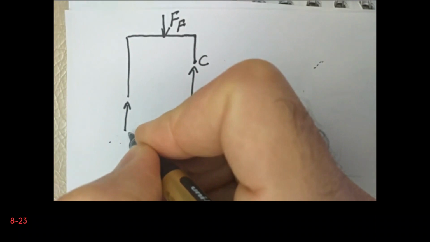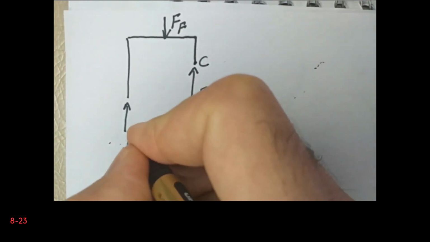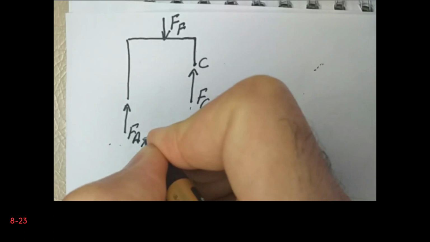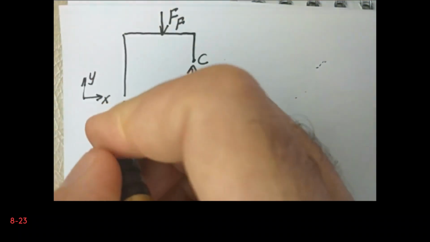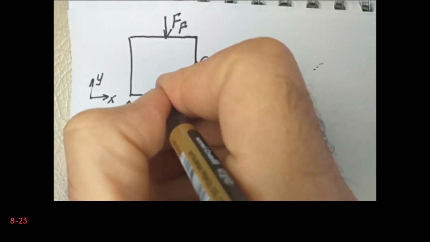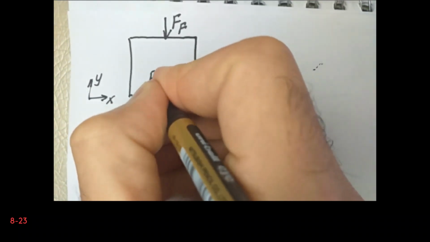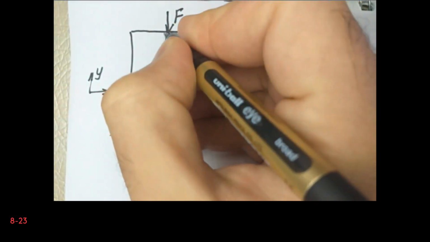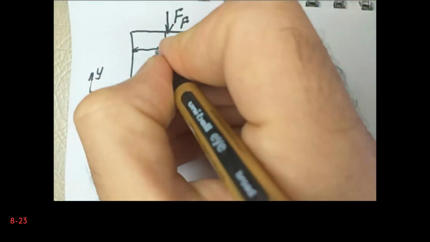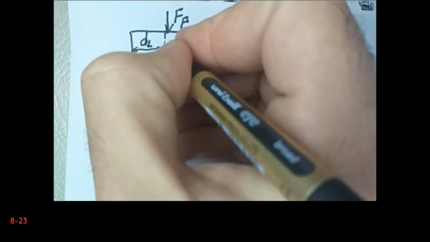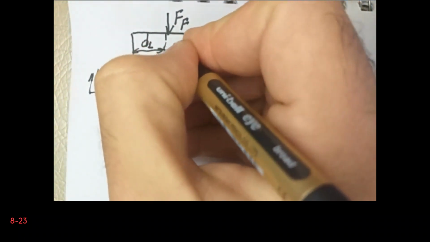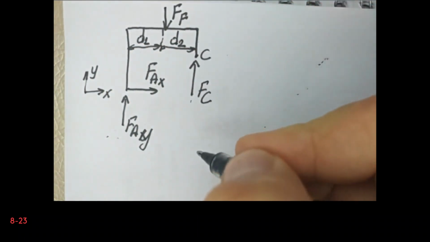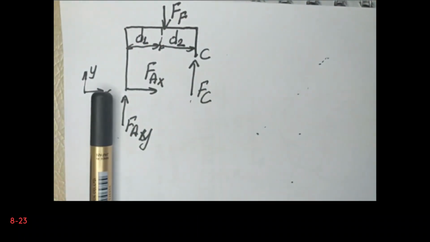Fay, let's say, because I will assume that this is X and this is Y. So the horizontal coordinate is X and the vertical coordinate is Y. And then we have Fax. Now these distances are given. Let's say that this is D1 and this is D2. In fact, D1 and D2 are respectively 30 and 40 millimeters.